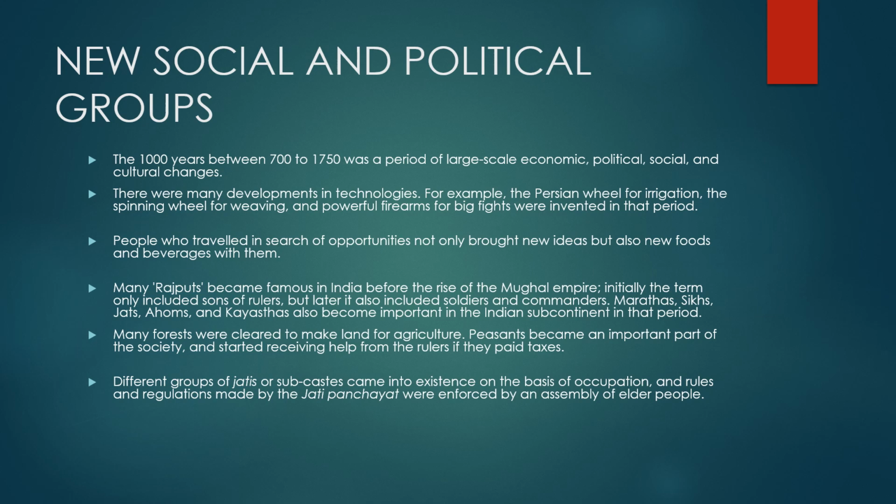Many forests were cleared to make land for agriculture. Peasants became an important part of the society and started receiving help from the rulers if they paid taxes. Different groups of jatis or subcastes came into existence on the basis of occupation, and rules and regulations made by the Jati Panchayat were enforced by an assembly of elder people.